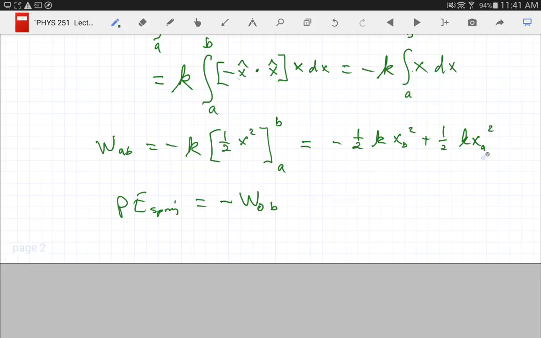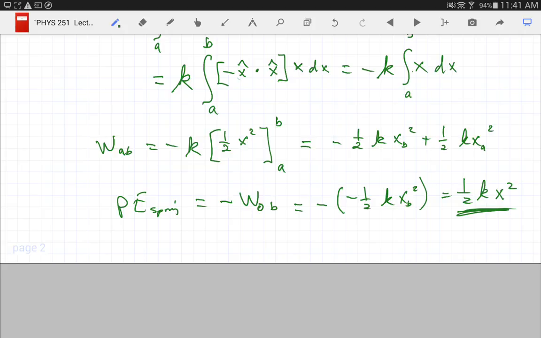So if I just take the work I just did, and I put in 0 for the A, XA, I would have this is equal to minus, parentheses, minus 1/2 kxb squared, or 1/2 kx squared for the general equation. I dropped off the b to make it general.